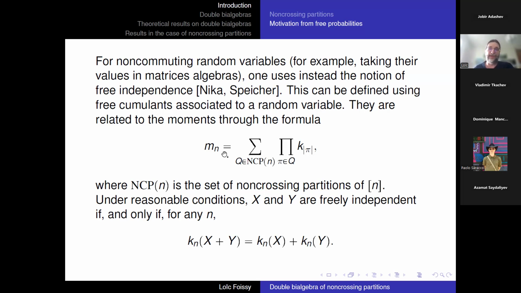In fact, cumulants are related to moments by this sort of formula. The nth moment is defined as the sum over non-crossing partitions of a product of cumulants. I will detail this formula in the next slide.